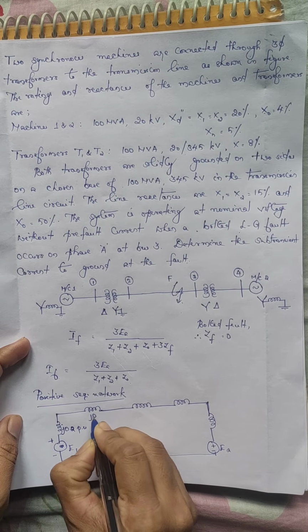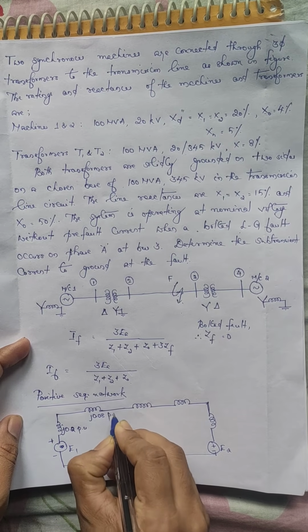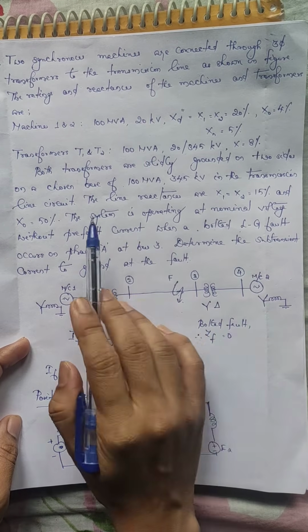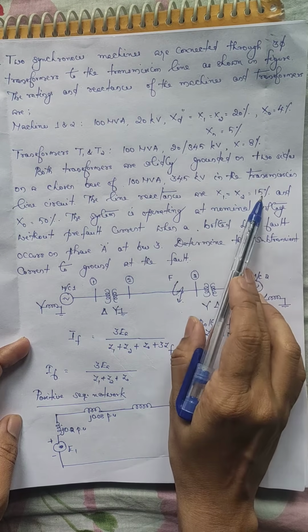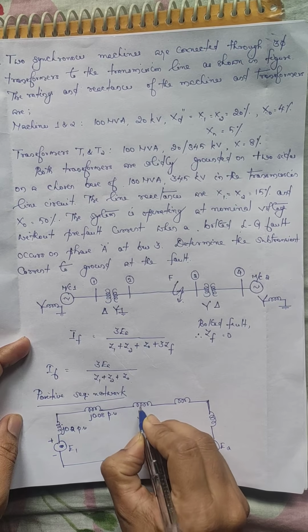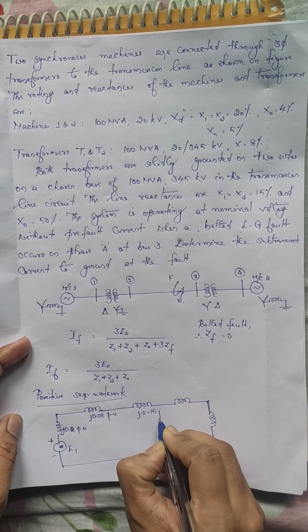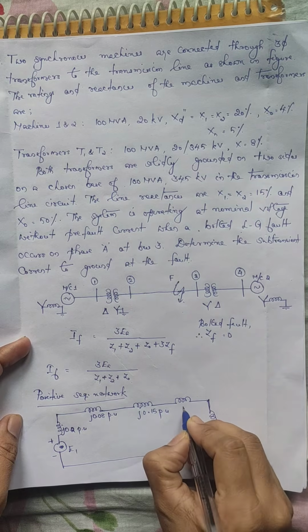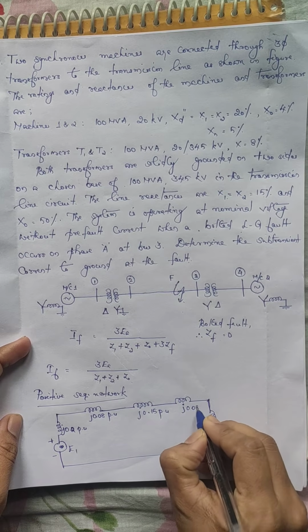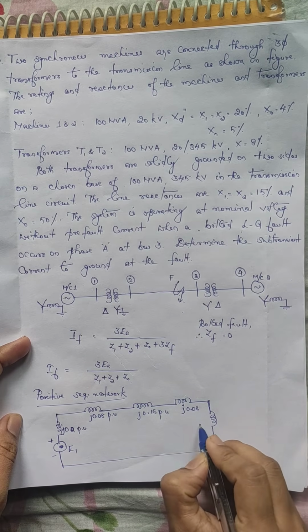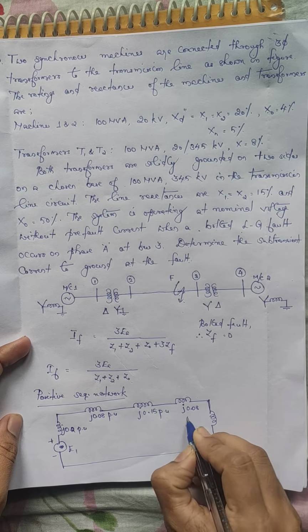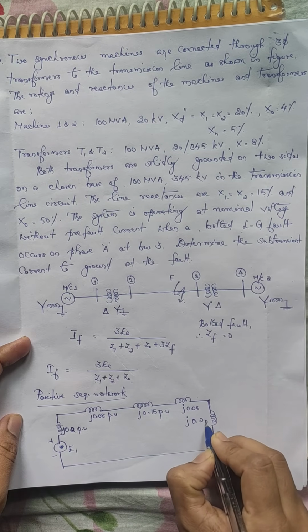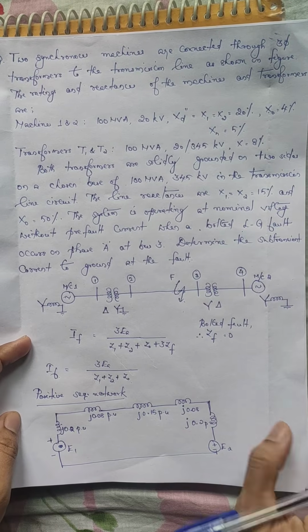So it is J 0.08 per unit. Then for the transmission line, X1 equal to 15%, J 0.15 per unit. Transformer T2 is also having the same rating, so J 0.08. Then motor, machine 2 is having same rating as that of machine 1, so J 0.2 per unit.